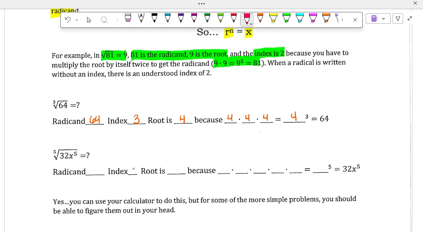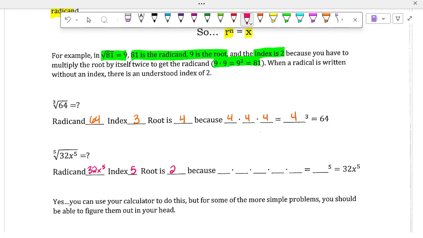Now, our index for the next one is 5, and our radicand is 32x to the fifth. So in other words, we're undoing a fifth root. So we have to think about what number, if we undo a fifth root, would give us 32. In reality, that's 2, because 2 to the fifth is 32.